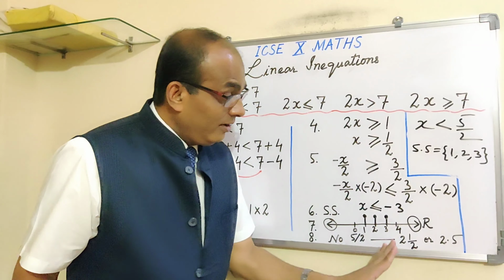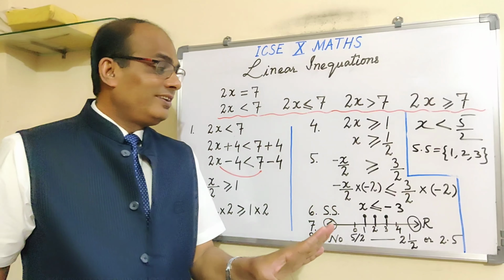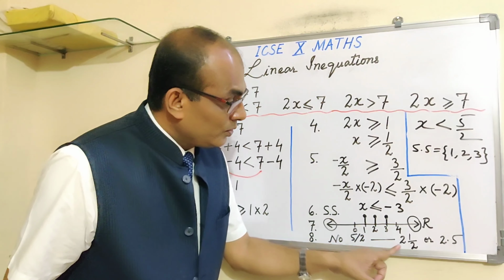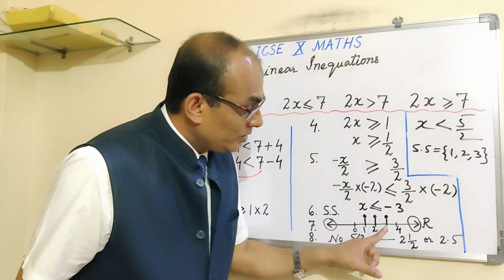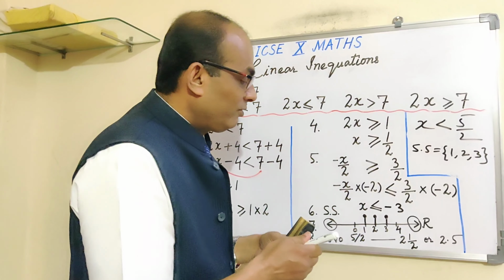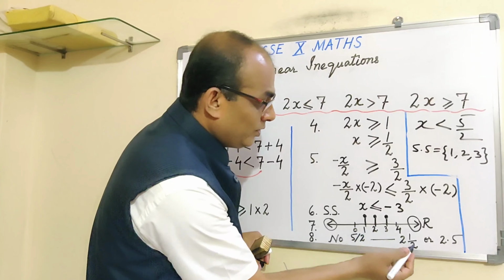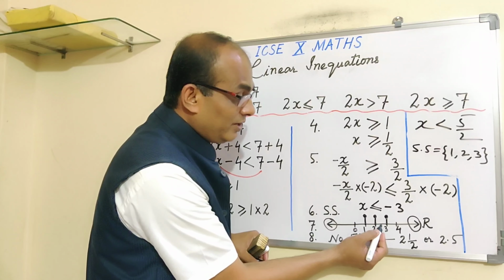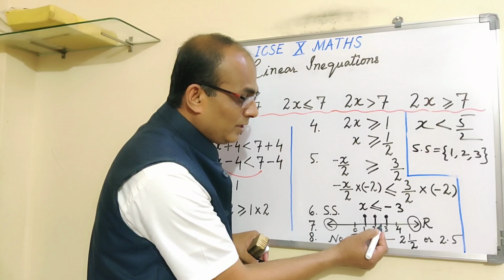Now, if in your question it is given that x belongs to R, then you have to show this 2 1 upon 2 on the number line. 2 1 upon 2 will fall in between 2 and 3. So somewhere here you have to show 2 1 upon 2.